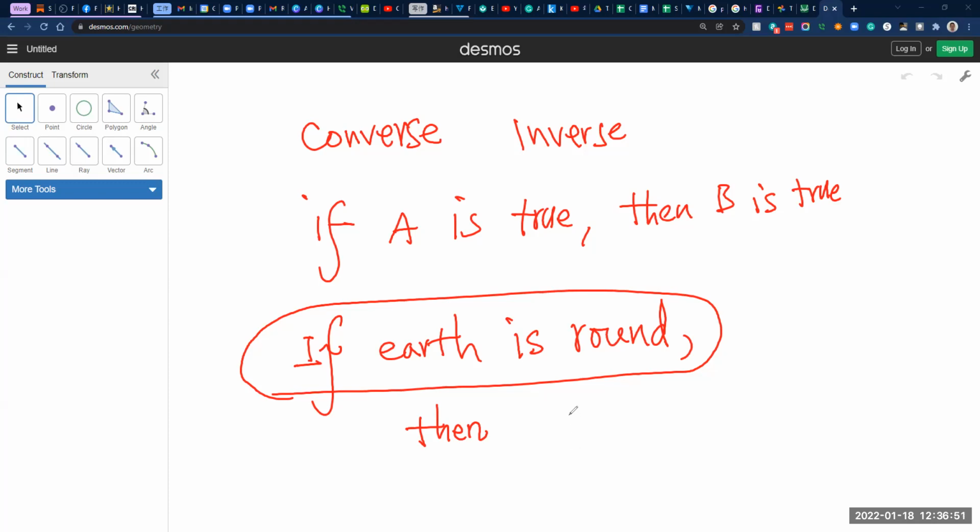That was his thought process. So basically, if the Earth is round, then he can reach India in the opposite direction, right?